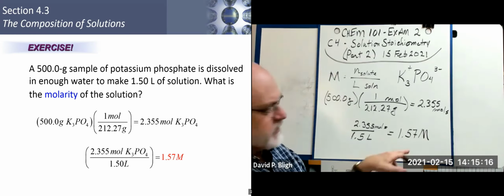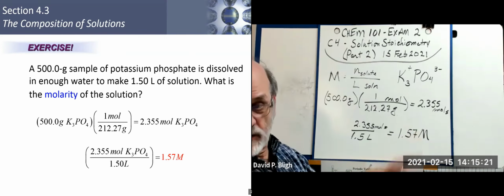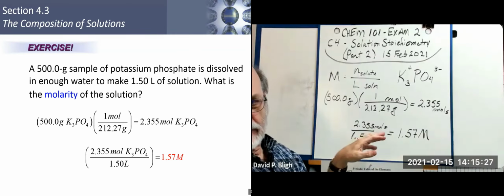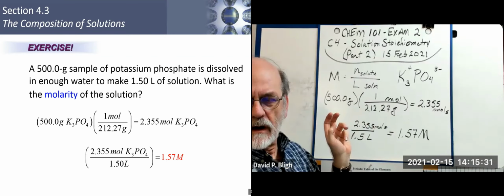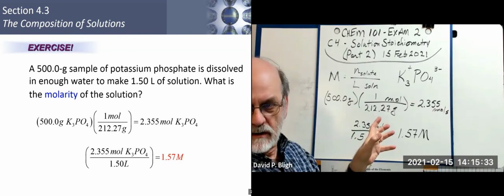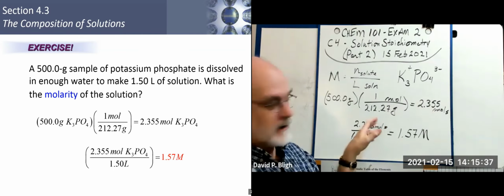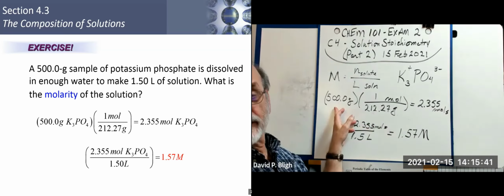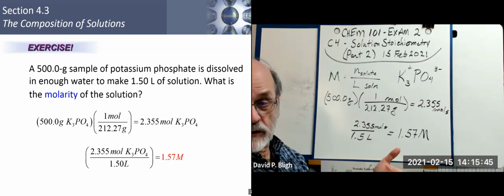Now suppose we know this one. We know that concentration. Now that we've made the solution, say I want to sample a certain volume of that solution that will give me 150 grams of potassium phosphate still in solution.